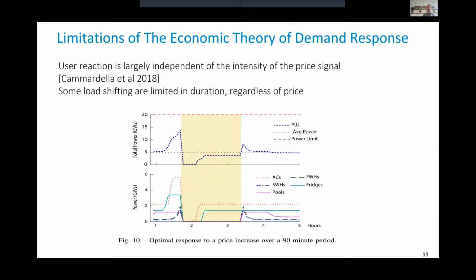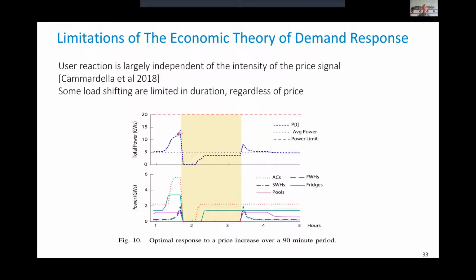This paper is in fact going a bit further, and it has analyzed behaviors in a fairly detailed simulated model of the power consumption of a number of devices at the scale of a complete state in the US. Here it's showing a demand response event, which is a period of high price, and it's showing the total power consumption of different devices.